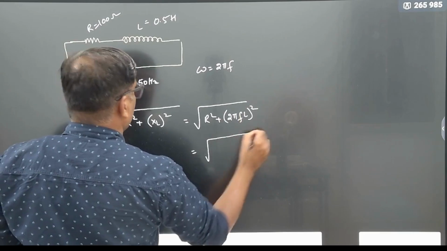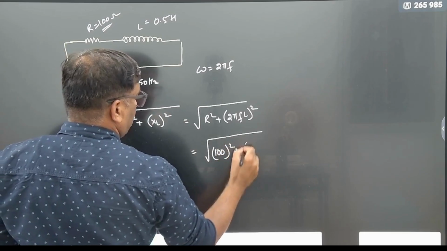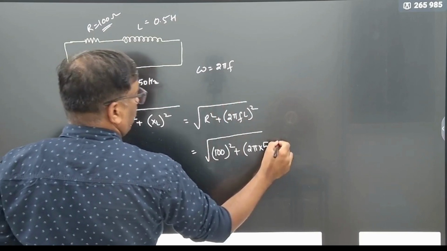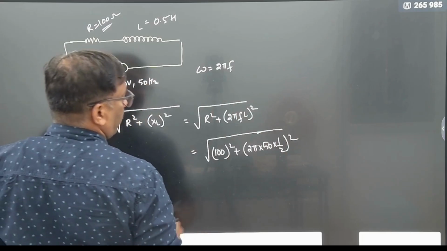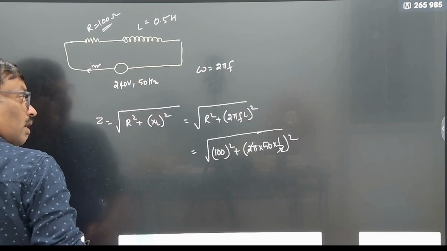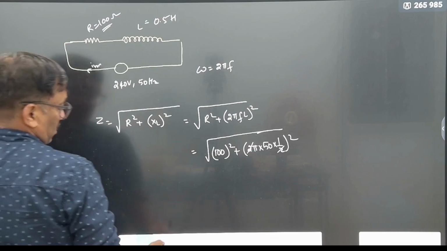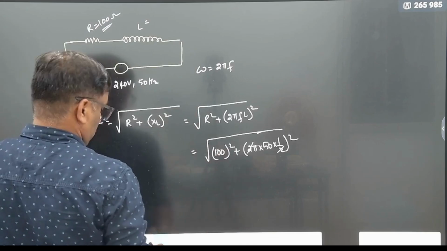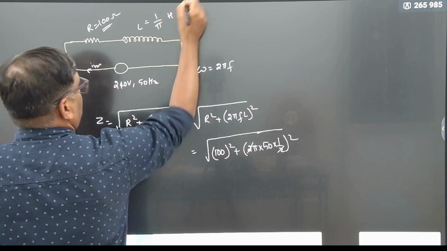Clear? So here it will be 100 whole square plus 2 pi into 50 into L, which is how much now? 1 by 2 whole square. Clear? So how much will it be now? Therefore the L value is 1 by pi Henry.